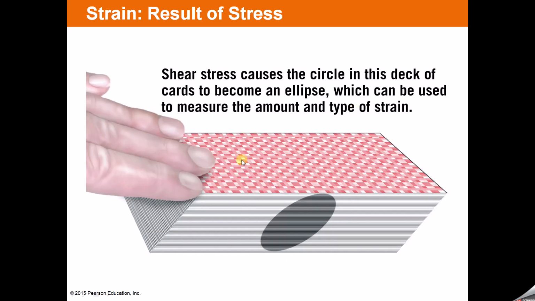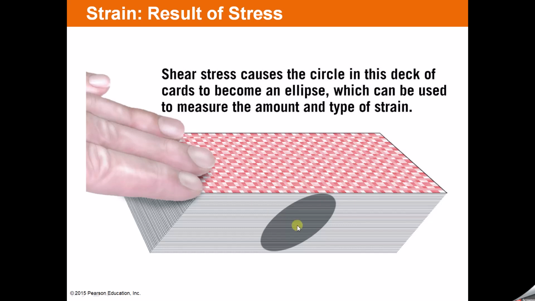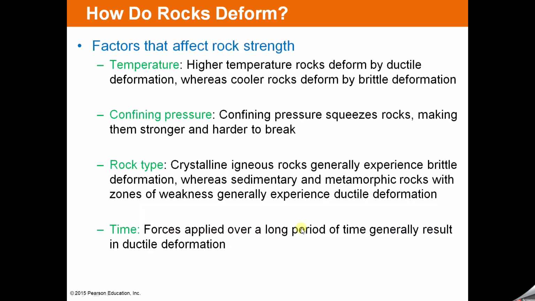If we imagine we have a card stack, and imagine there was a circle here, when we move the top of it, this circle will change into an ellipsoid. So this is the third type of stress, which is shear stress. And this ellipsoid is used to measure the amount and type of the strain that happened due to the stress.